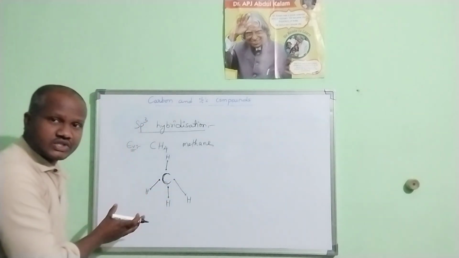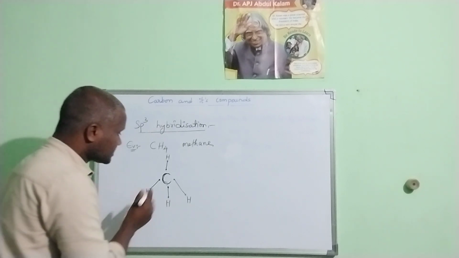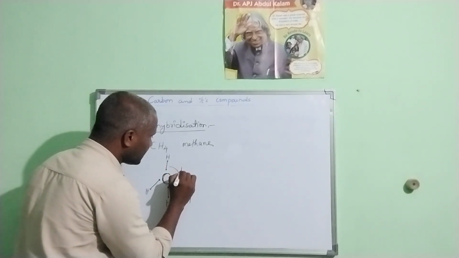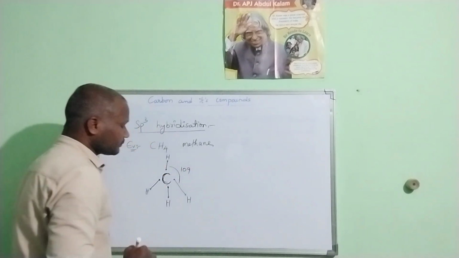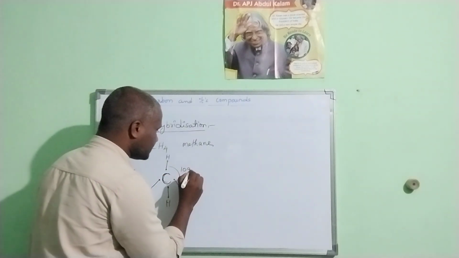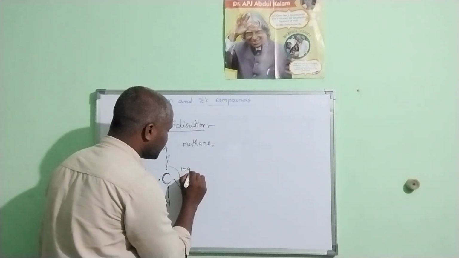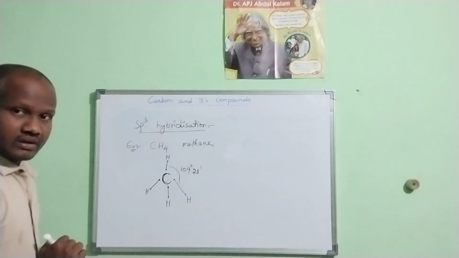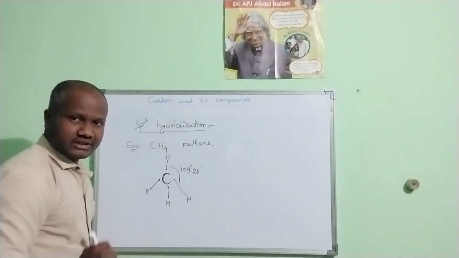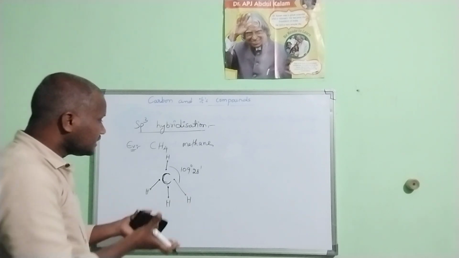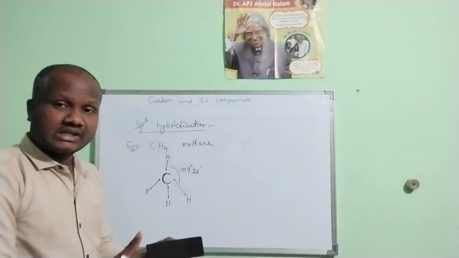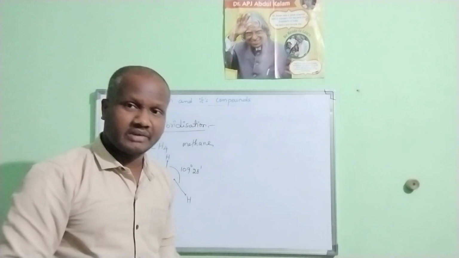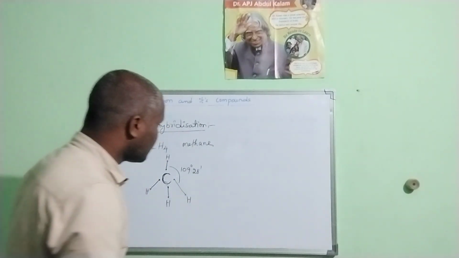This is the structure of methane, which we discussed in our last class, and the bond angle between carbon and hydrogen atoms here is 109 degrees 28 minutes. This is the bond angle in methane. Now we will see how the orbitals reshuffle in methane to form hybrid orbitals.